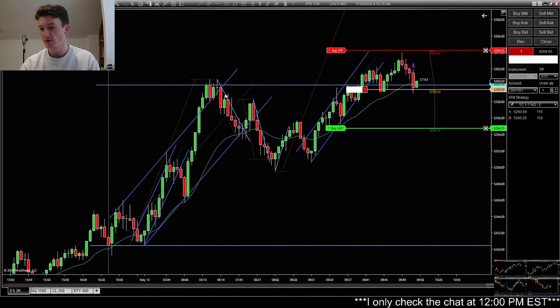So I think this uptrend has a close outside and new high, and this uptrend also has a close outside and new high. So there's a good chance we fade the overnight highs at least a little bit there. But we'll see.